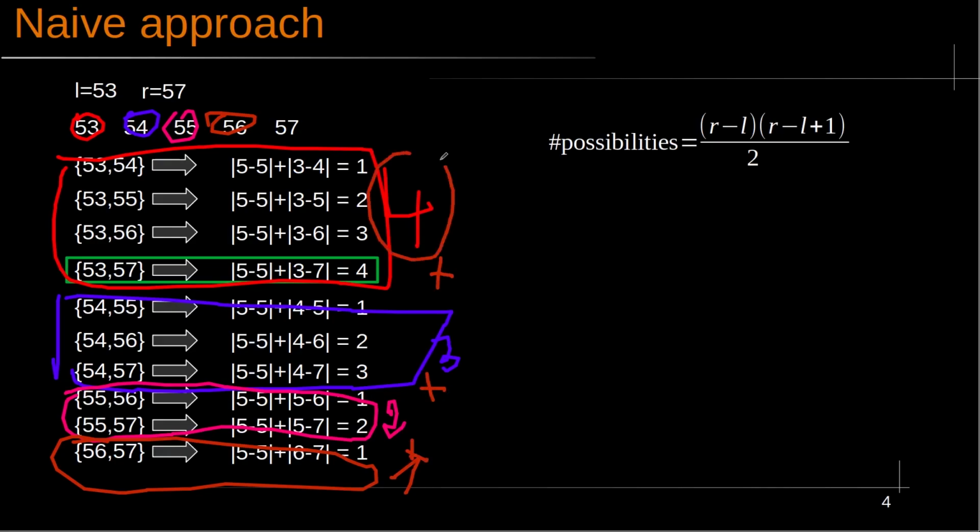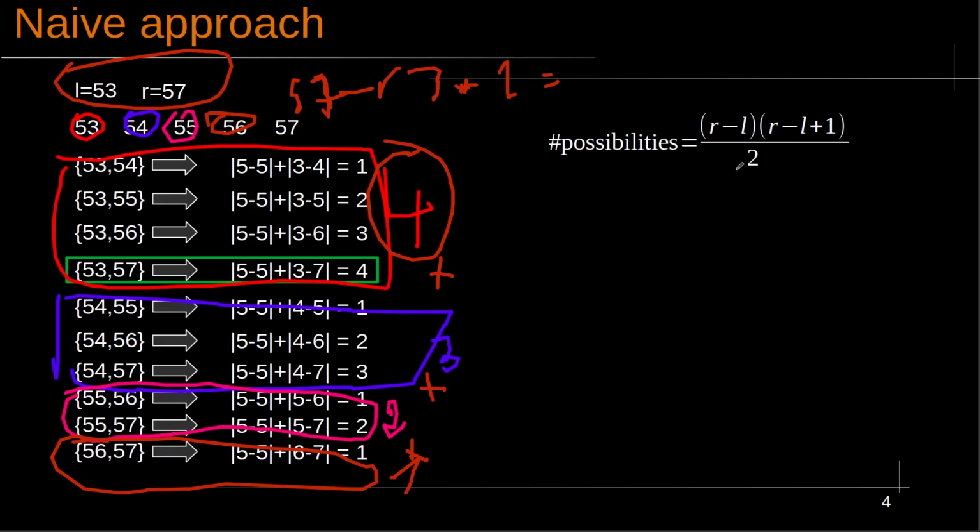How can we determine this 4? 4 is 57 minus 53, which is the number of integers in this range.